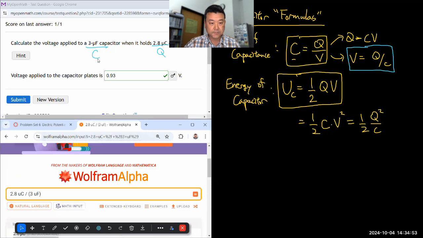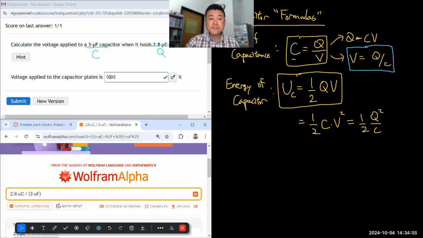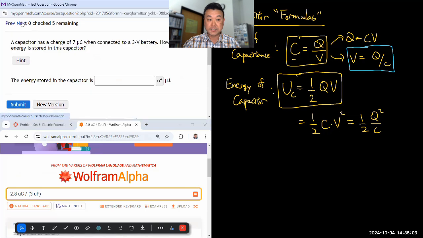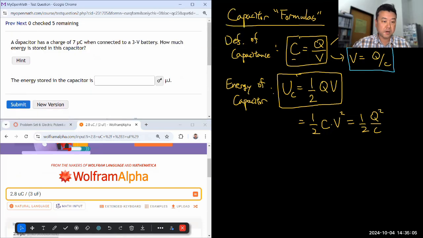So yeah, this is the first question. Let me look at the next question, which will again involve capacitor, capacitance, and energy this time. A capacitor has this much charge when connected to this much battery. So that will be the battery across the capacitor.